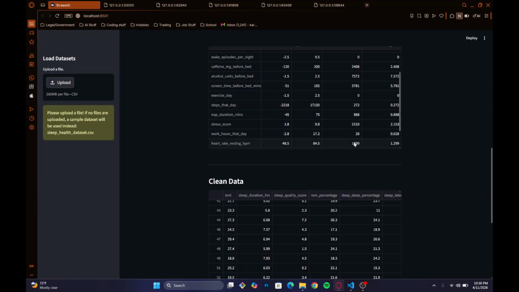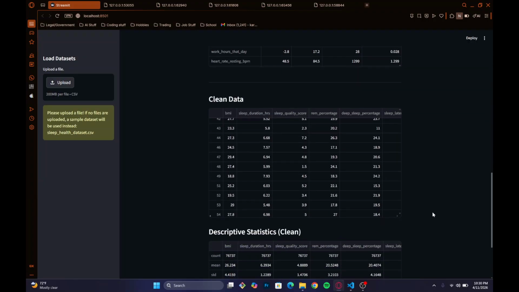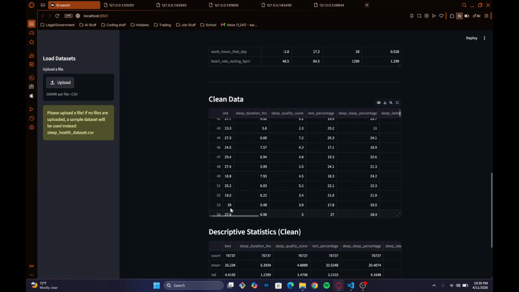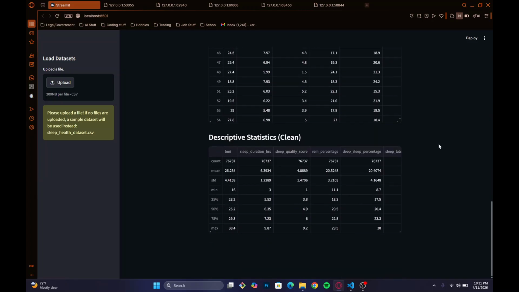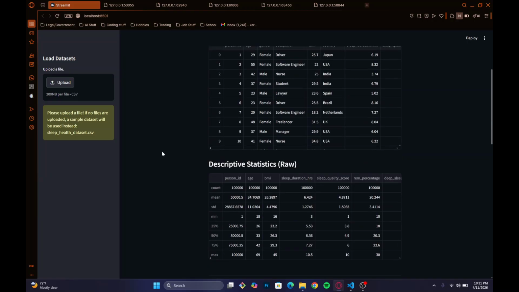There's also a lot of outliers in stress score. But yeah, afterwards I decided to remove such outliers by using only columns that have decimal numbers. So all of these columns only have decimal numbers, and they have their outliers removed, which lowered the amount of rows down to 76,000.